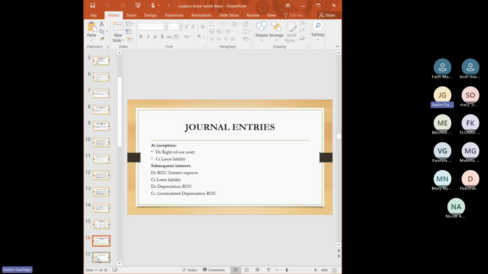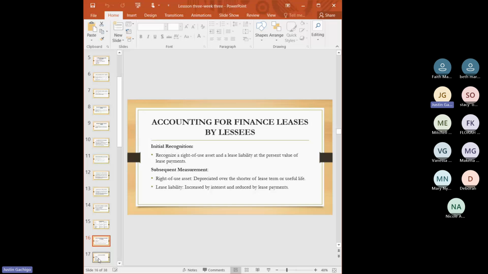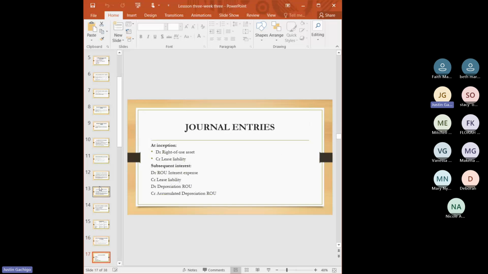So the journals at inception, the first journal at inception, we have said that you debit the right of use, then you credit the lease liability, and then subsequently, you have the interest: debit the right of use interest. Again, the interest will come from the discount rate.